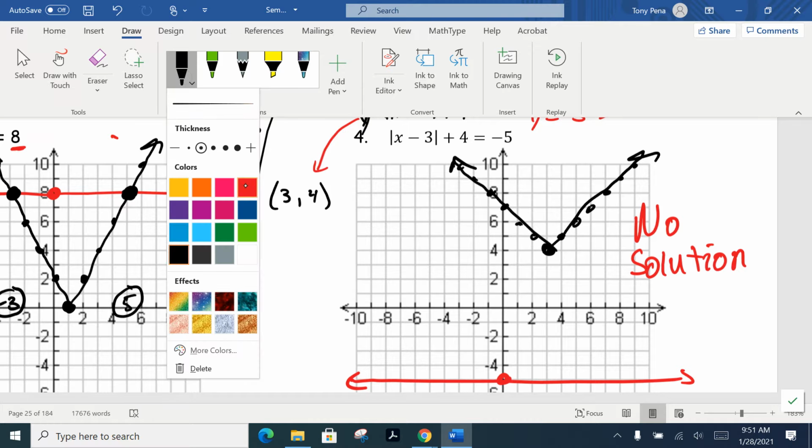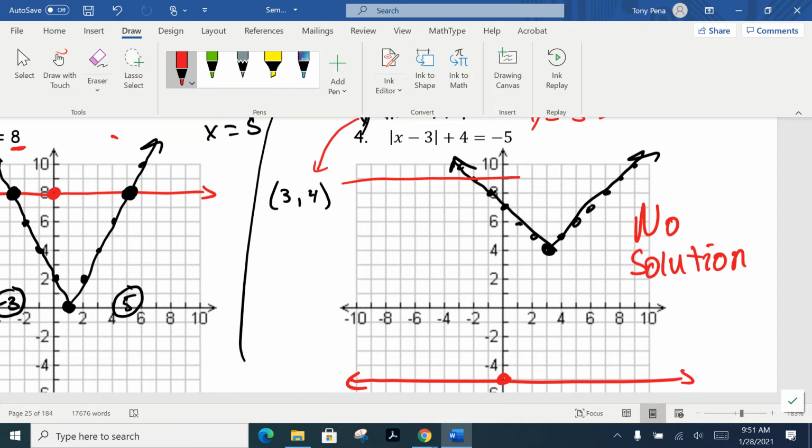If I would have drawn in a line like I had done before, so let's say our line was right here, we would have had 2 solutions if that was the case. The way we could get 1 solution, that it is possible, is what if our other line went right through just the vertex? Notice how they only intersect that 1 time. So it is possible to also just get 1 solution of these. Most of the time you get 2, but you can get 0 and you can get 1.